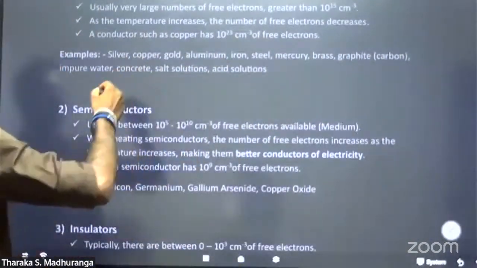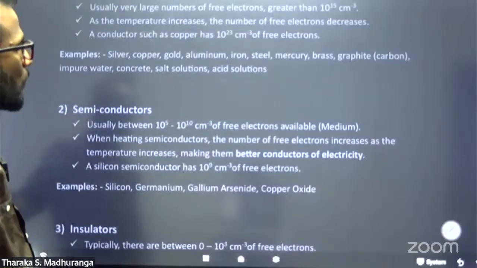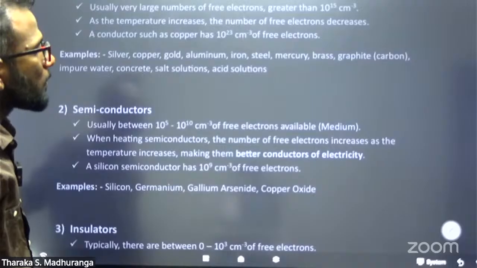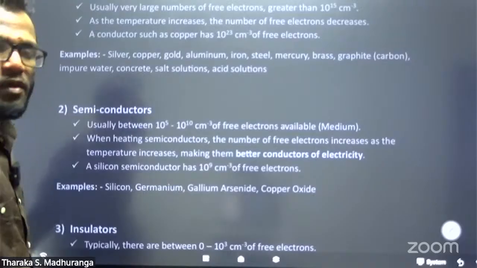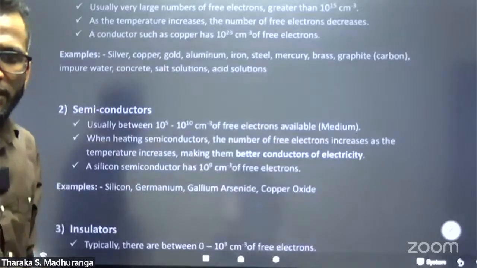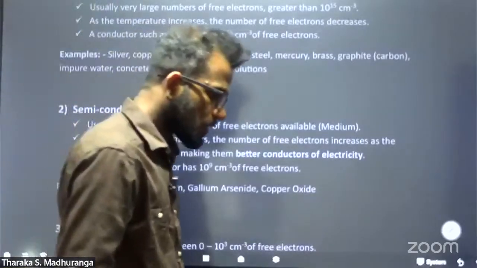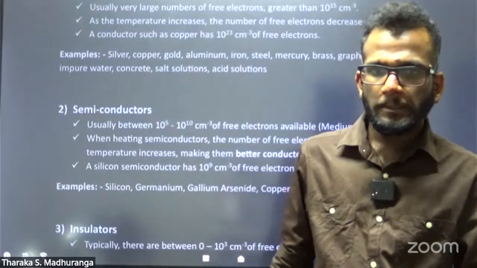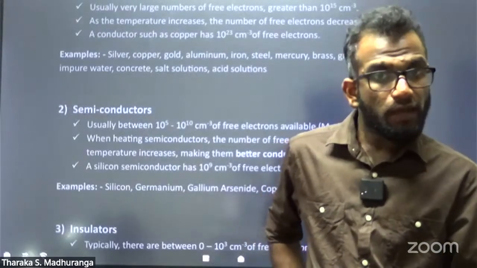I have given examples: silver, copper, gold, aluminium, iron, steel, mercury, brass, graphite, water. Is water a conductor or not?